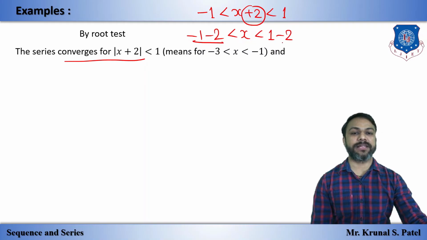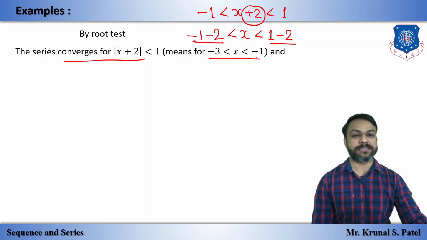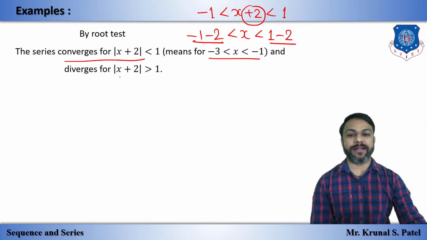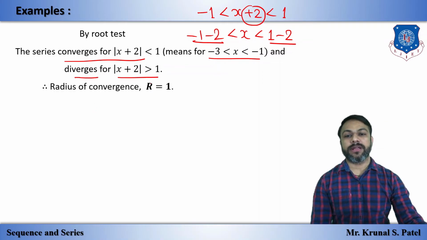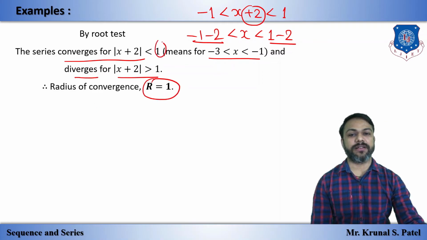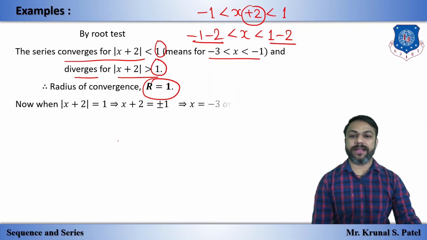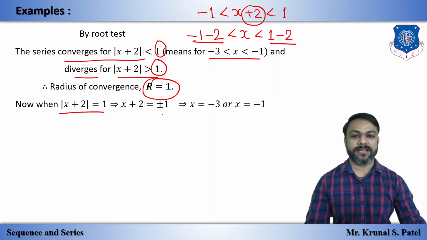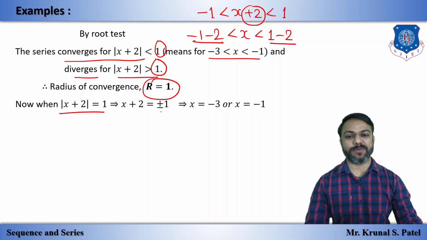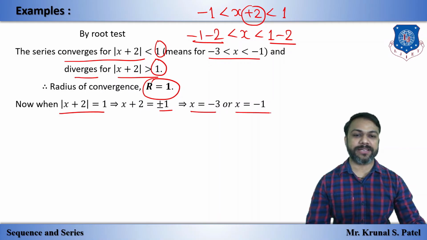So we have minus 3 and minus 1. And if this is greater than 1, then the series is divergent. And the radius of convergence is 1. And as we told, if this equals 1, then the root test fails. So we have to find the value of x by equating to 1, that means plus or minus 1. So minus 3 and minus 1.